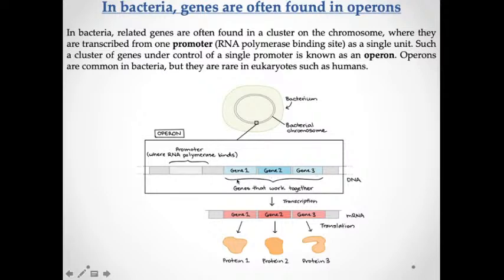These genes work together, and then the transcription happens. Then you have mRNA with gene 1, gene 2, and gene 3, leading to the production of protein 1, protein 2, and protein 3. Hence your gene regulation in bacteria works like this.